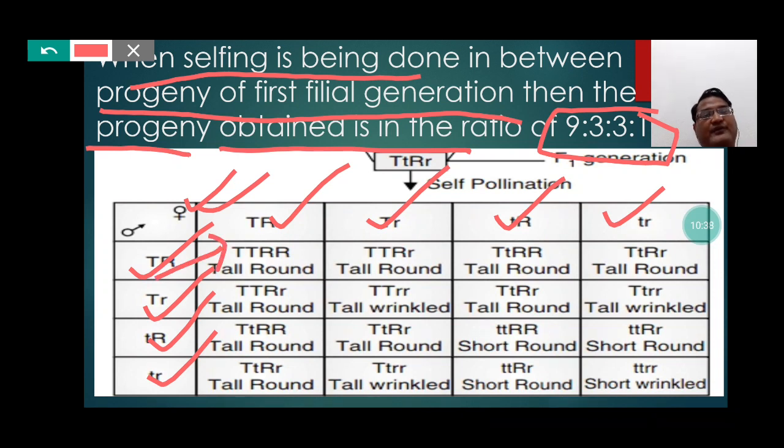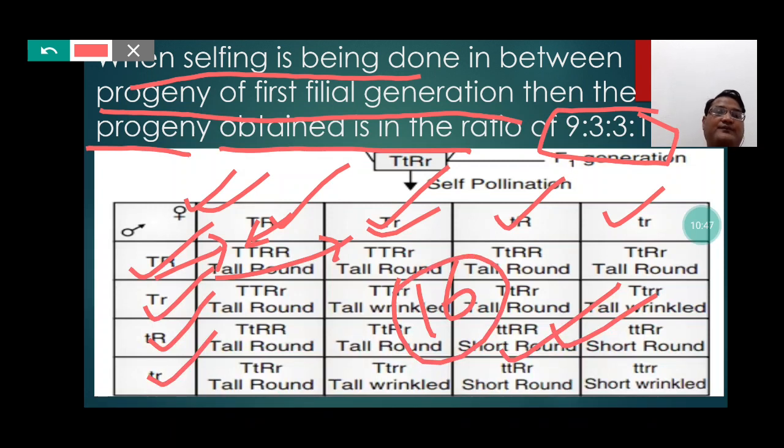And students, when both of these two are crossed, then 16 possibilities are generally obtained, out of which 9:3:3:1 are the possibilities of the offspring which can be obtained in the second filial generation.